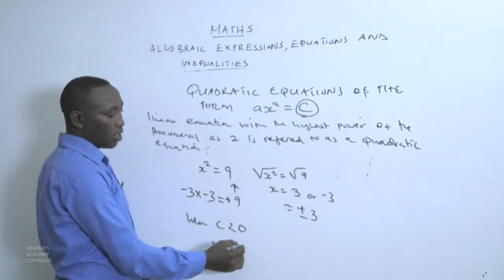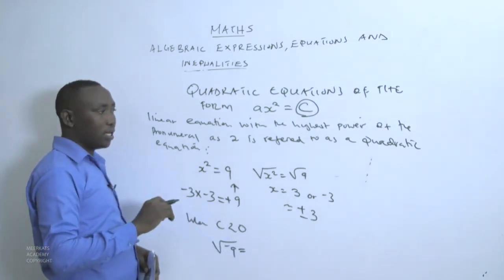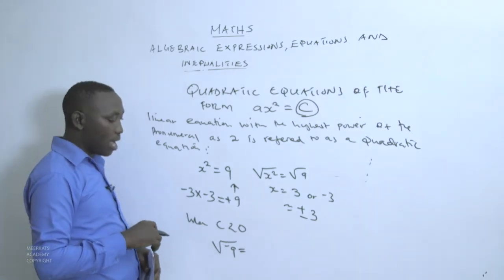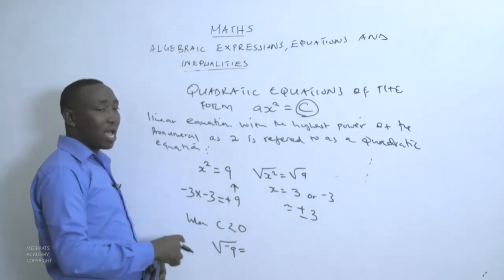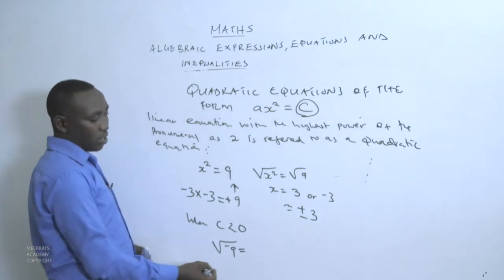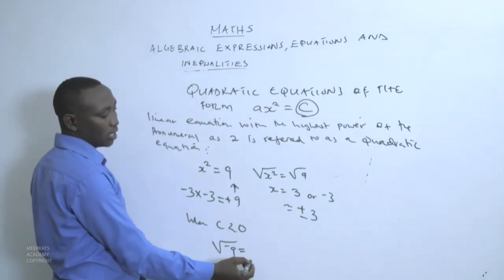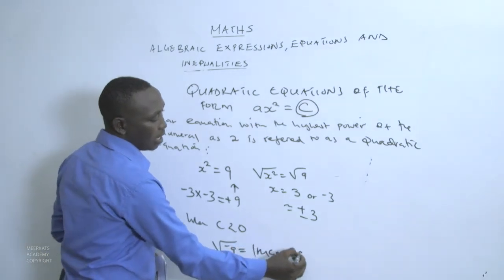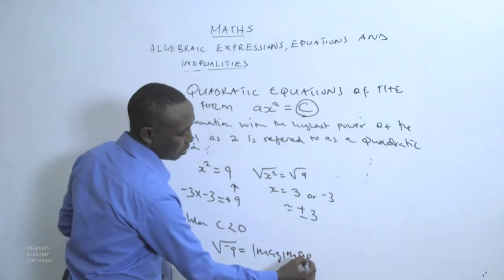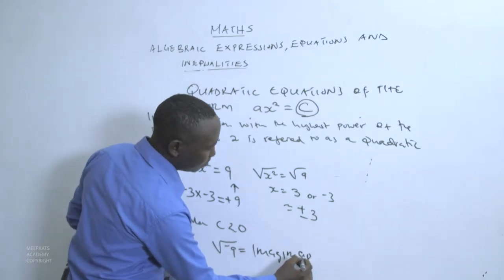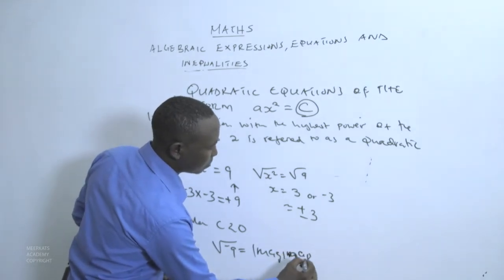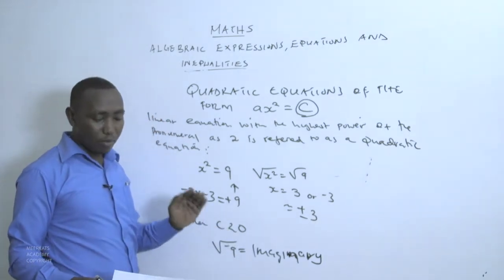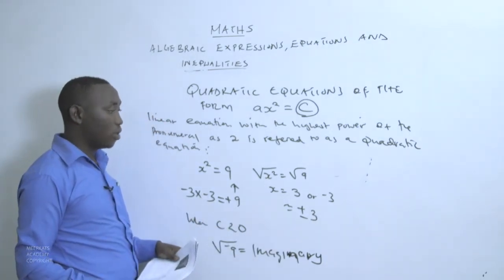In this particular case, it does not have a real square root; in other terms, we refer to that kind of solution as imaginary. And therefore, that particular problem will not have a solution.